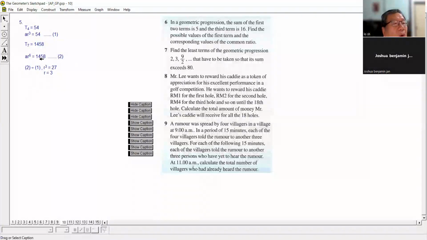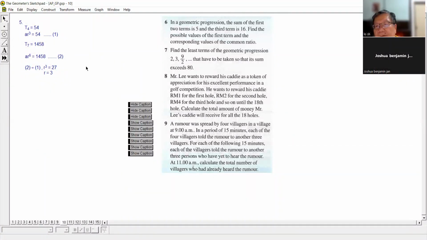Okay. Then 1458 divided by 54. So you use your calculator, you divide, you get the answer 27. So R cubed is 27, then R is 3. If you don't know, then you take the cube root. Cube root of 27 is 27 to the power of 1 over 3, right?